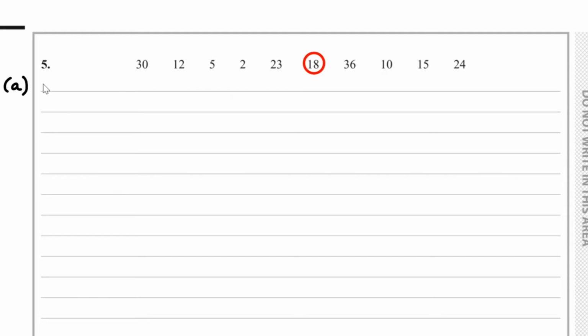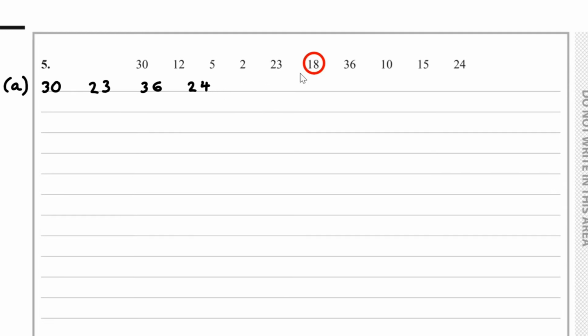30 is larger than 18, 12 isn't, 5 isn't, 2 isn't, 23 is, 36 is, 10 isn't, 15 isn't, but 24 is.